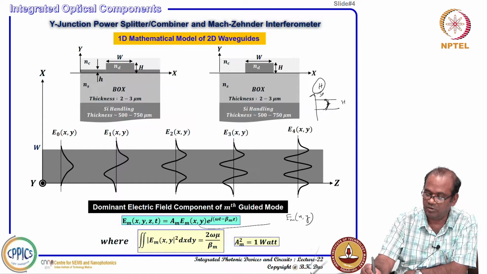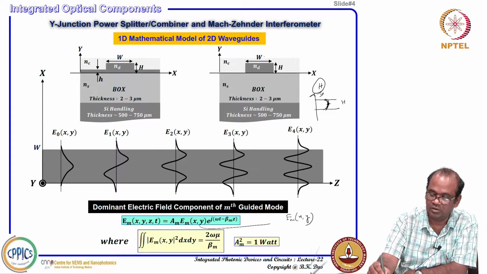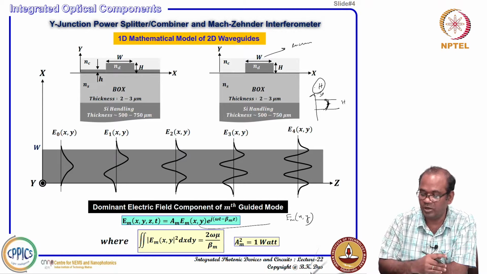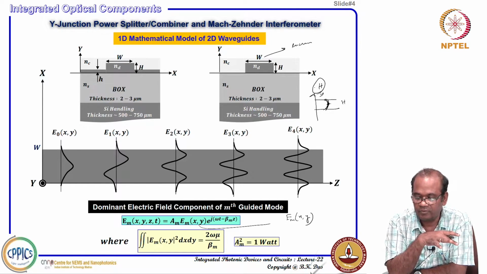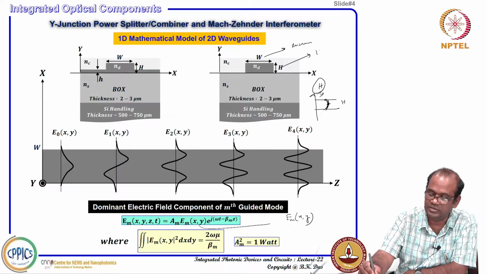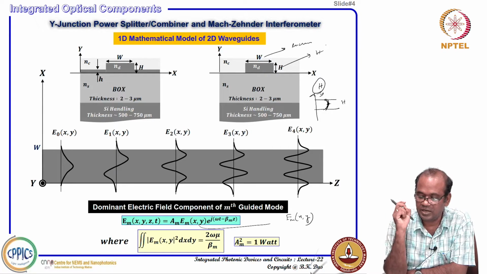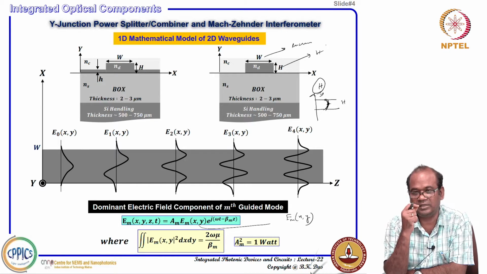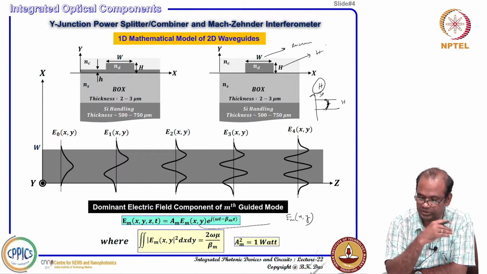Even if you increase your width, the vertical field distribution profile will not change. Along the h direction, the y direction, the field distribution will not change, because as long as capital H is fixed, we assume the vertical field distribution is not changing.